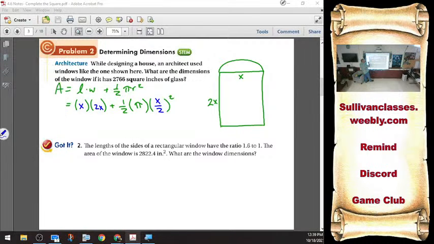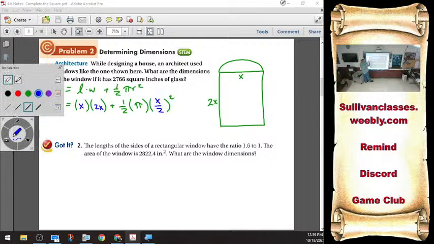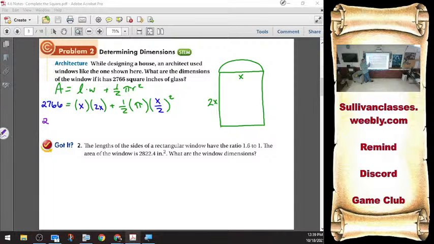And it also told me that the area is going to be 2766. So, 2766 is 2x squared plus, what happens when I square half an x? No. That's times 2.